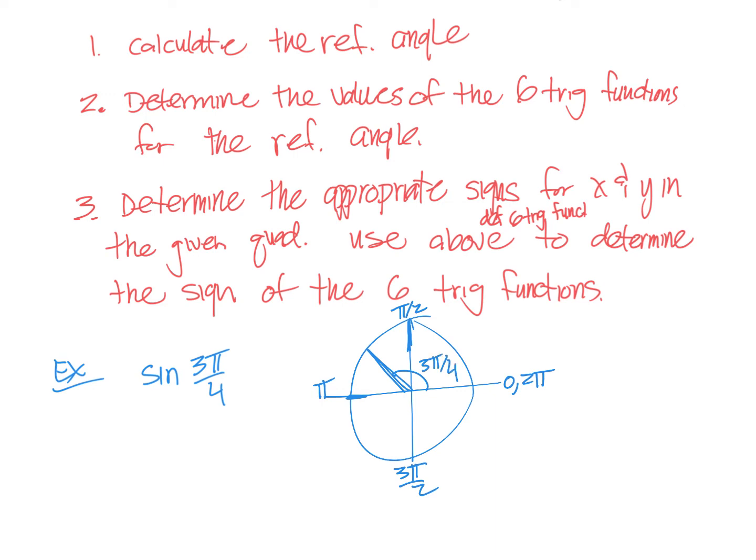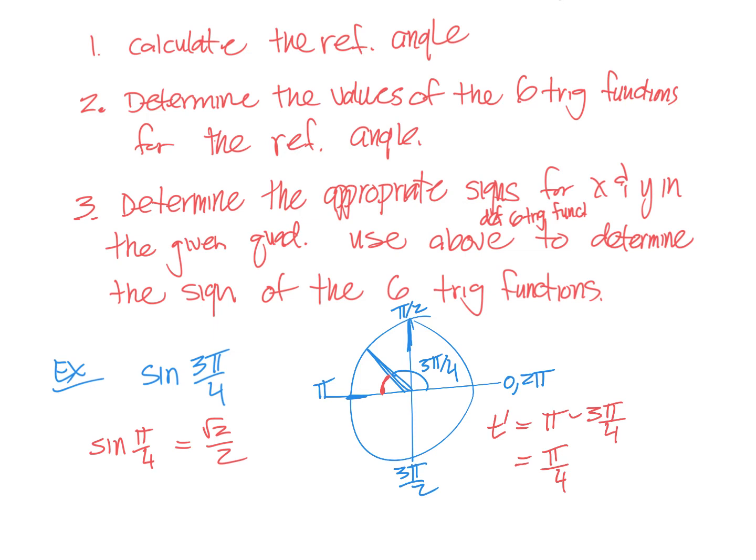Using what we've learned before, we can find the reference angle. The reference angle is this angle down here that would make it 180 or pi. So our reference angle t prime would be pi minus 3 pi over 4, which is just pi over 4. Now we know that sine of pi over 4, from the table we just went over, is square root of 2 over 2.